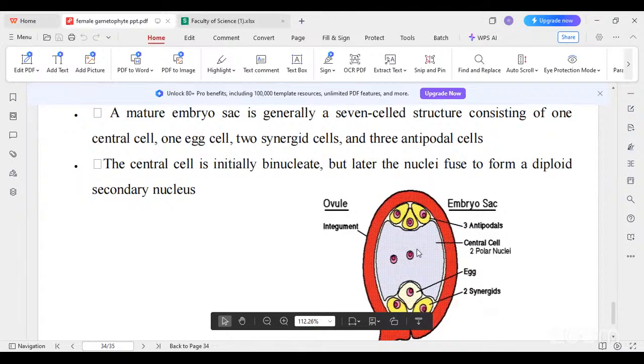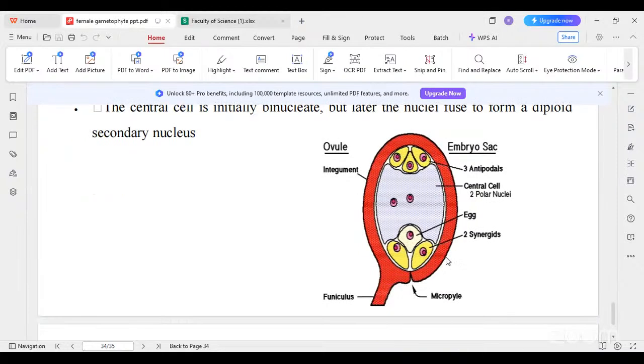The ellipsoidal, 7-celled structure consists of one central cell, one egg cell, 2 synergid cells and 3 antipodal cells. The central cell is initially binucleate, but later the nuclei fuse to form a diploid secondary nucleus.